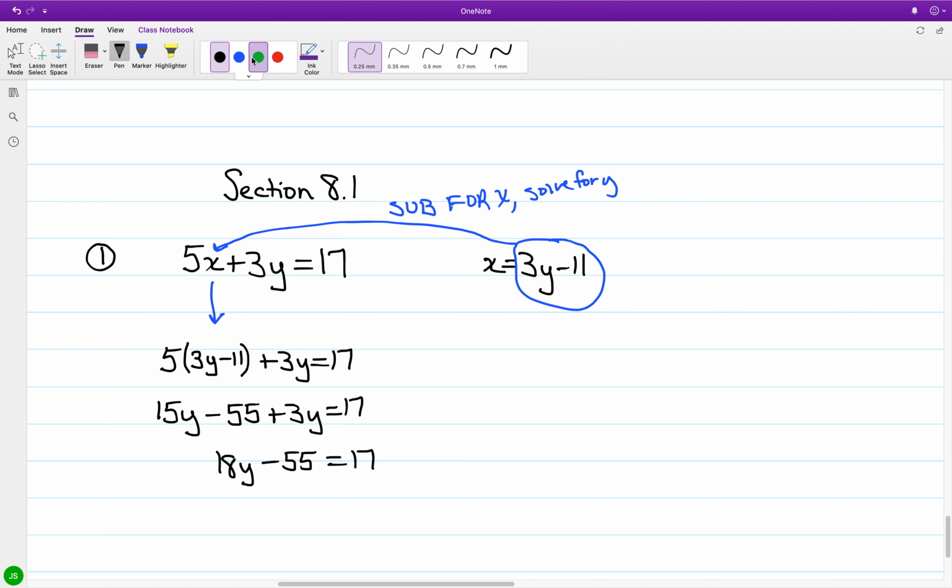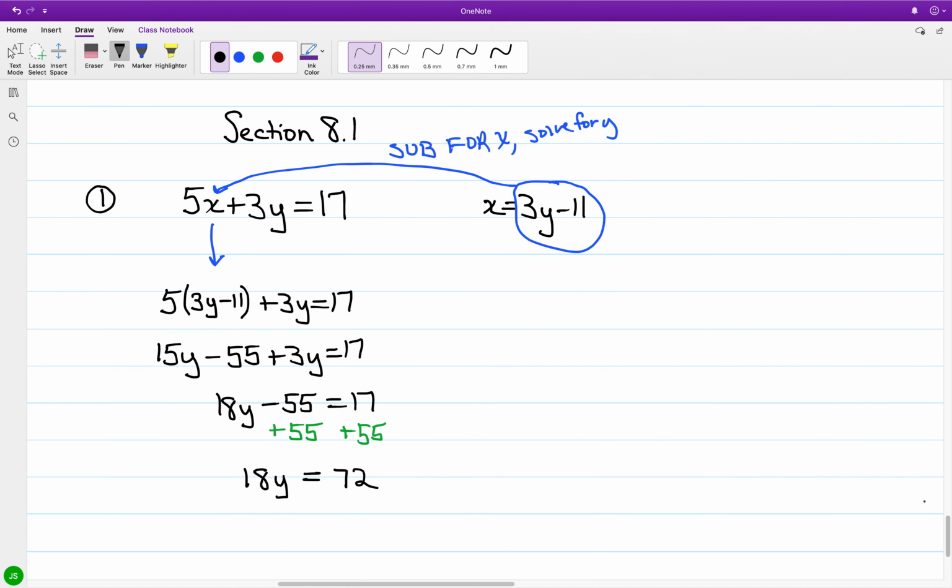And isolating the y term, if I add 55 to both sides, we're going to have that 18y is equal to 17 plus 55, which will be 72.